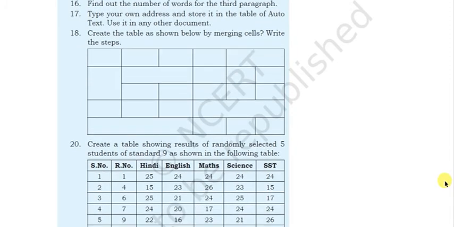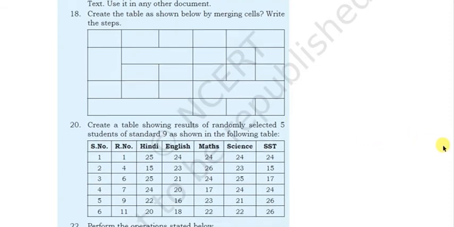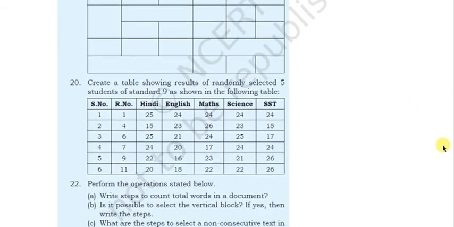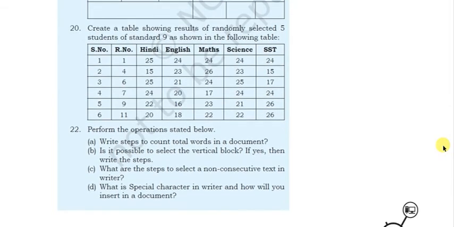You have to create tables. These are some merged and split cells. It will be a very good exercise for you, and you will be able to sharpen your word processing skills.